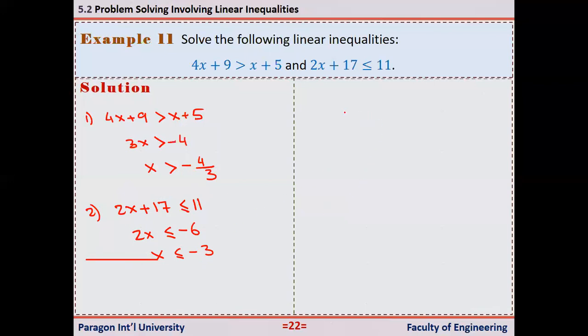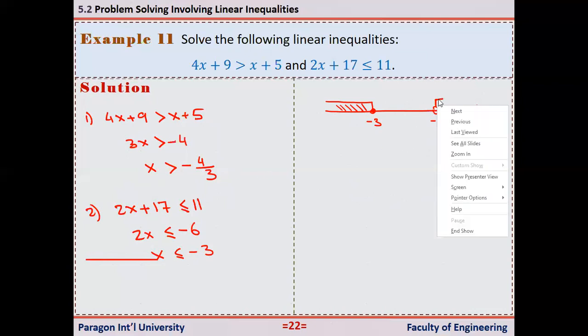Okay, so it is greater than this number, less than or equal to this number, right? So if you just draw a number line, here we have -3, and here we have -4/3. The solution of this one is less than or equal to, to the left of this number. So all the numbers here will be solution to this inequality. The first one, all the numbers greater than -4/3, that is to the right of this number.